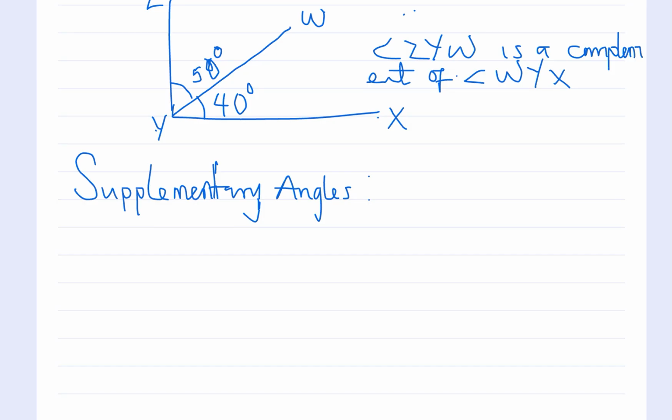We already said complementary is when they add up to 90 degrees. So when the sum of two angles adds up to 180 degrees, they are supplementary.